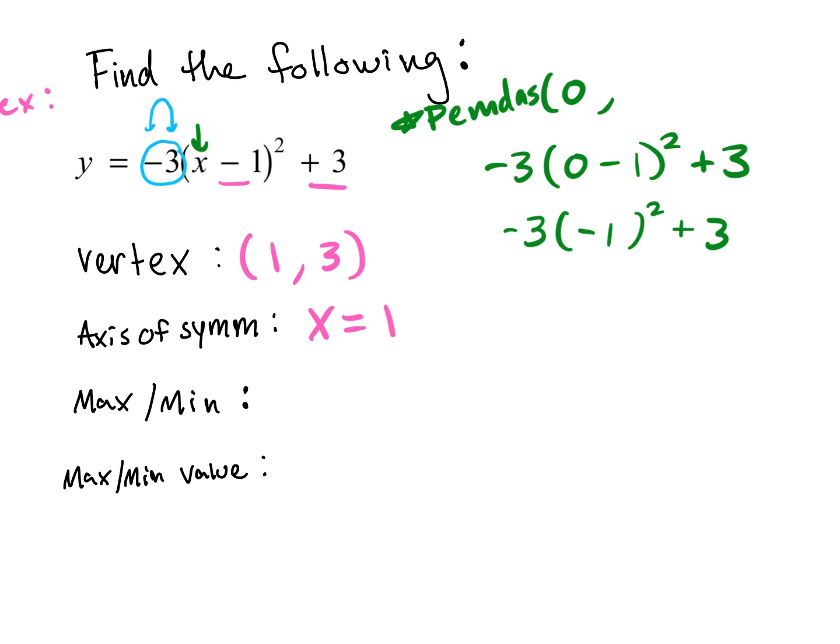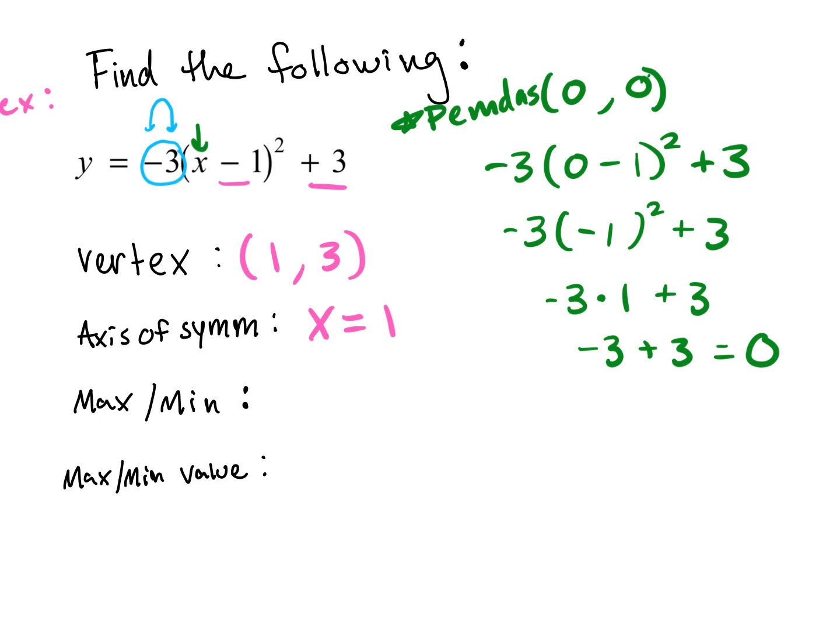Exponent. What's -1 squared? 1. So -3 times 1 plus 3. What does the M stand for in PEMDAS? What's -3 times 1? And then lastly, what's -3 plus 3? 0. So what's our point that we just found? 0, 0. I plugged in 0 for x and got 0 for y.